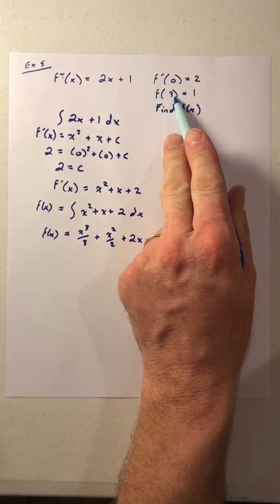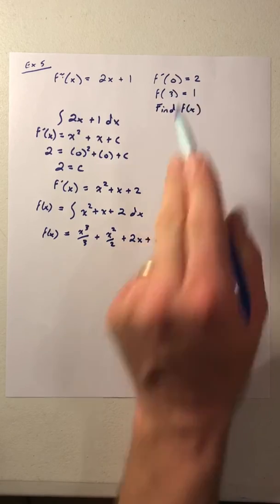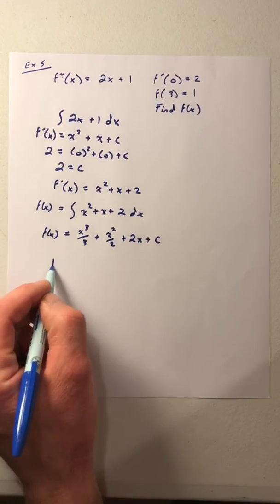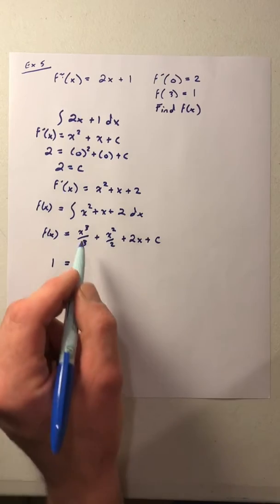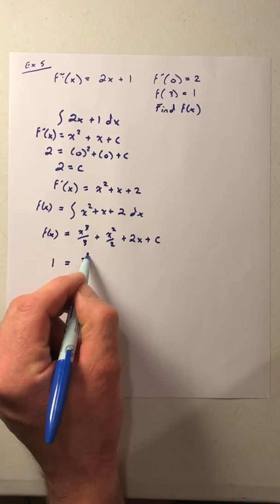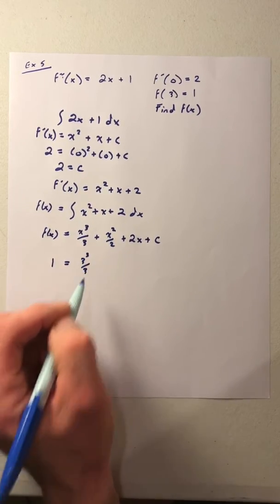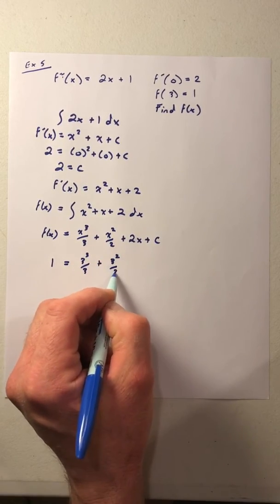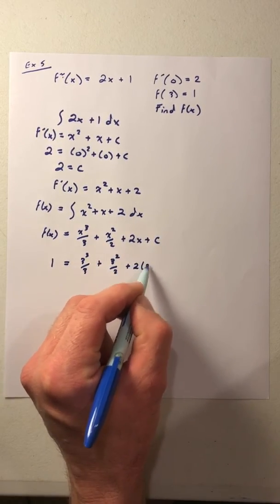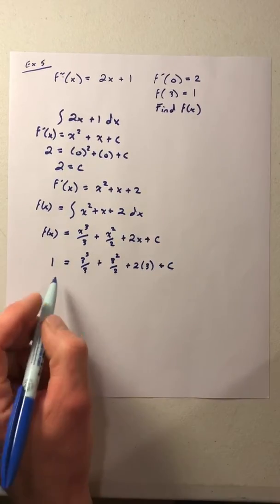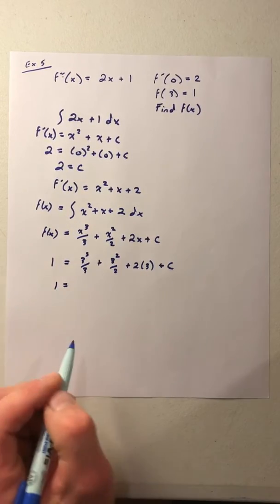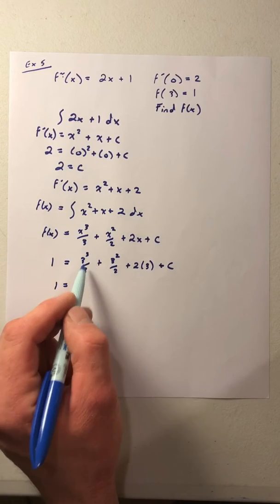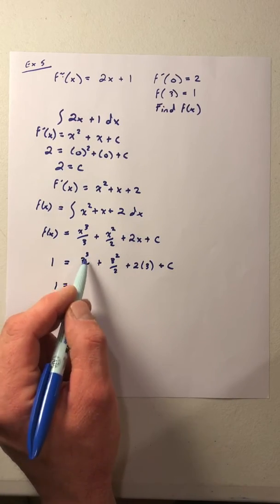Plugging in the information I know, x is 3 and y was 1. So 1 is going to equal 3 to the third over 3, which is nicely convenient, plus 3 squared over 2, plus 2 times 3 plus c. Cleaning this up a little bit, 1 is going to equal 3 to the third divided by 3 is 3 squared.